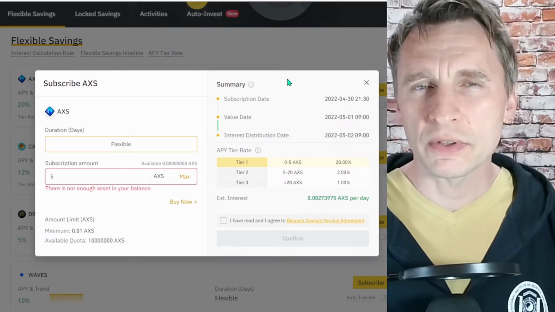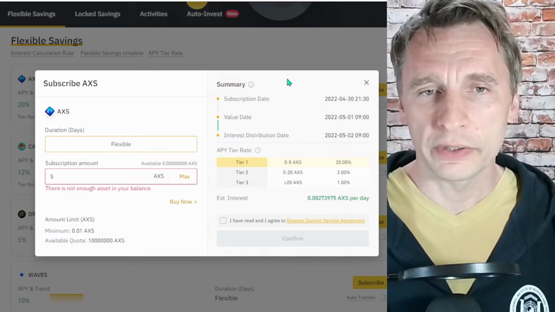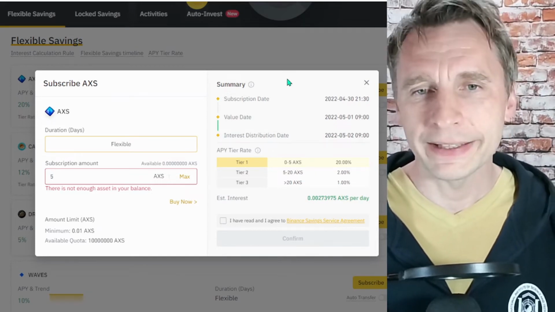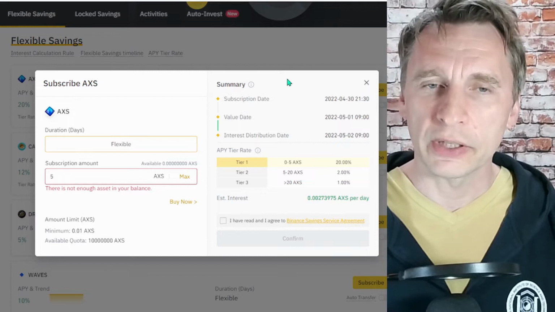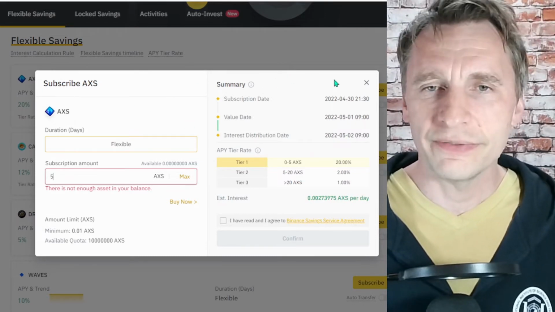So the returns are not very significant, but flexible savings gives you the flexibility, which is what it is, of taking out your savings any time of the day. Basically 2 days later you can withdraw it. So why is this convenient?